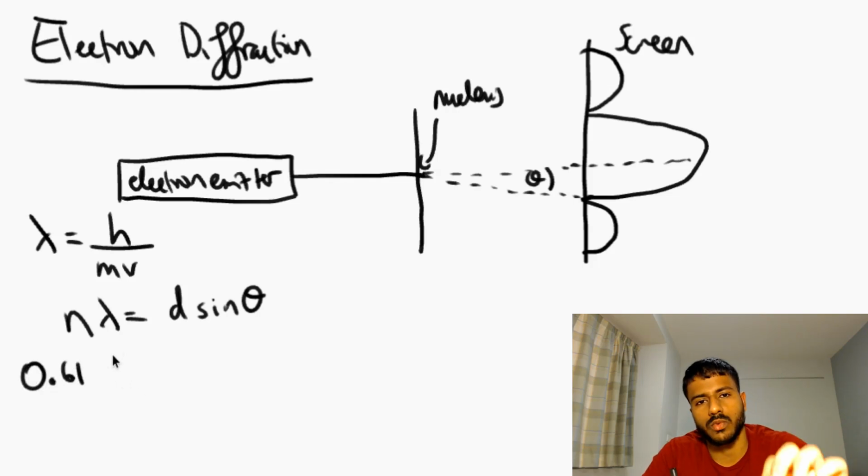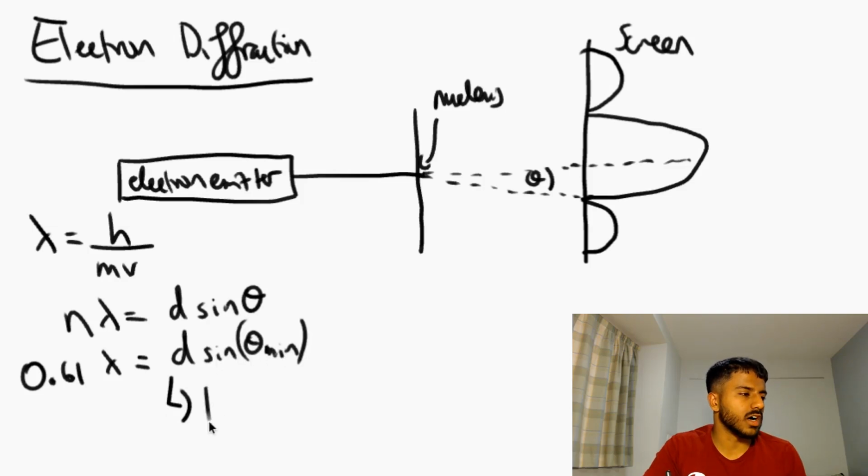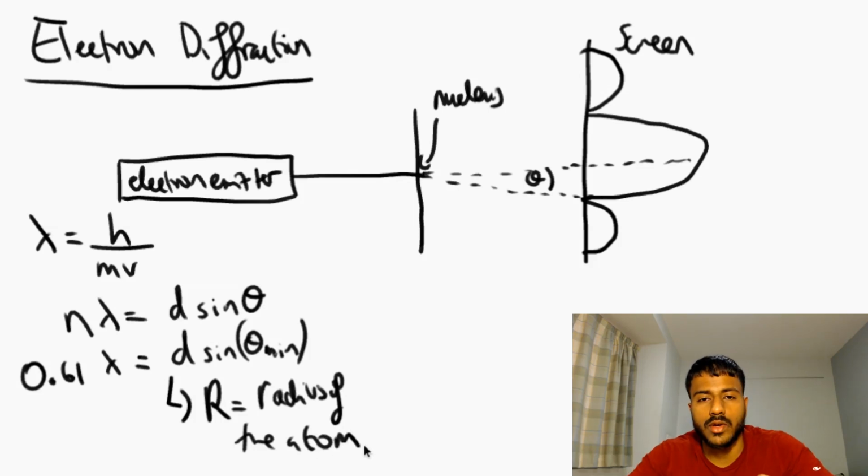So if we substitute 0.61 for n, we can get that 0.61 lambda is equal to d sine theta of our first order minima. And this value d here is actually r, which is our radius of the atom. So that is actually how we can accurately measure the radius of the atom.